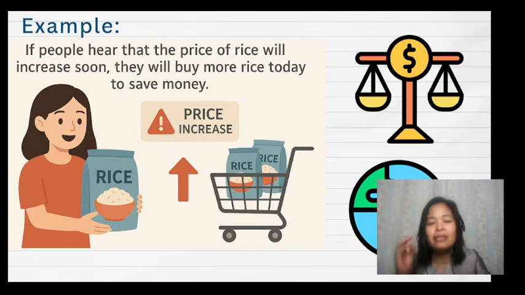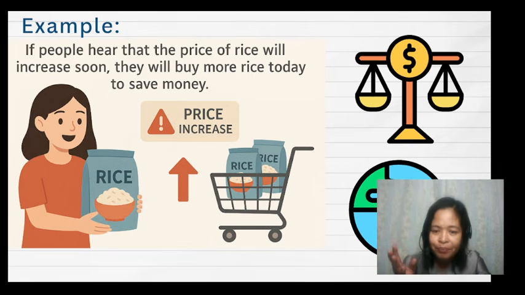All right, so that is price expectation. If price will increase, there will be more demand today na mura pa yung presyo. Okay, I hope that is clear.